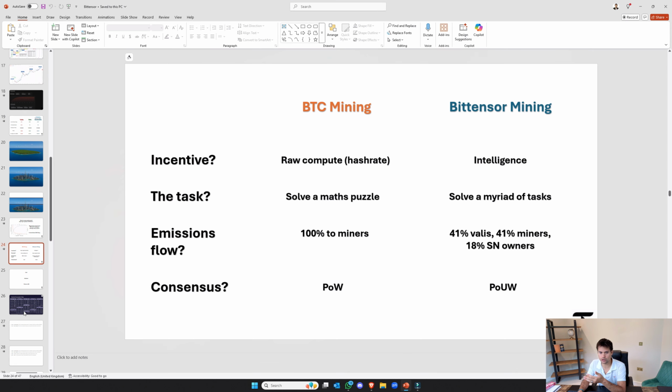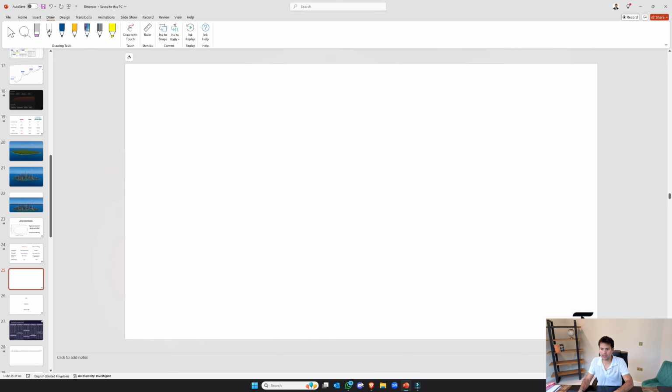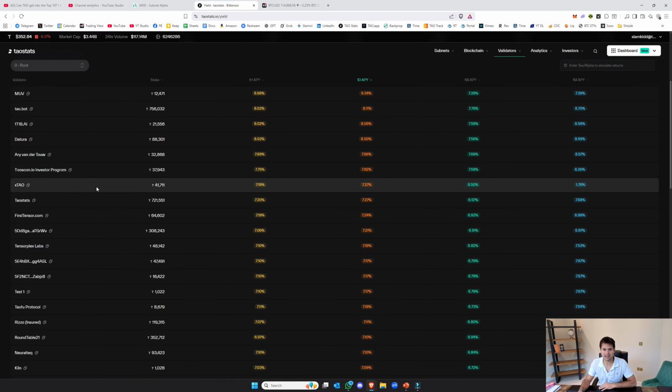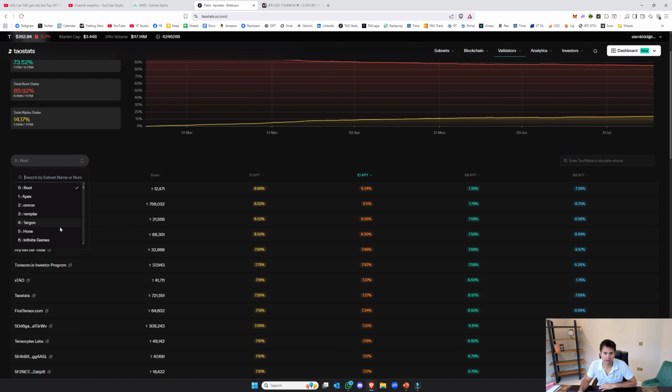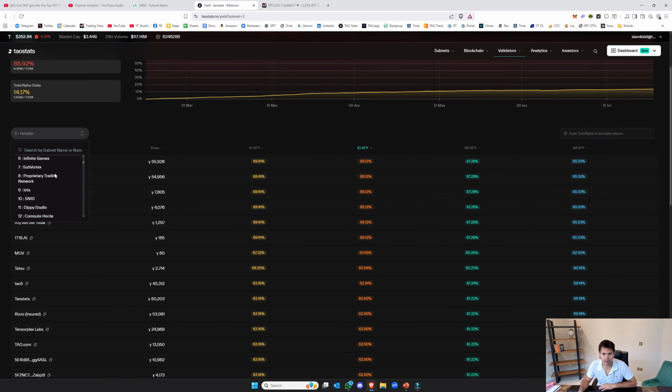So if I just press Control M and get some doodles out, and if you go to TAOstat and look at the yield, you can look at any subnet and look at the yield, right? Templar is averaging about 65% APY. What's another one that people like?